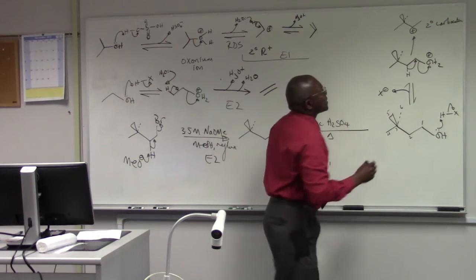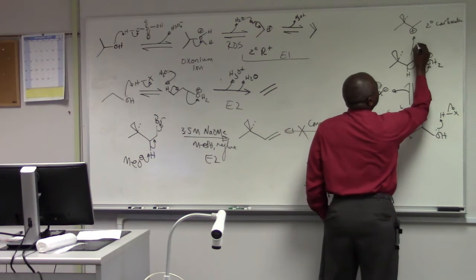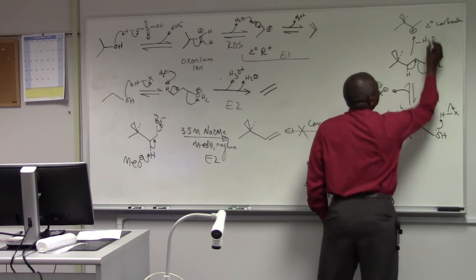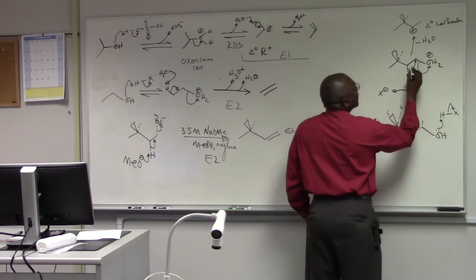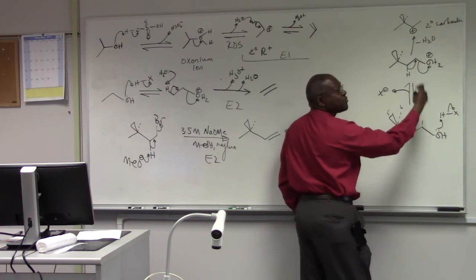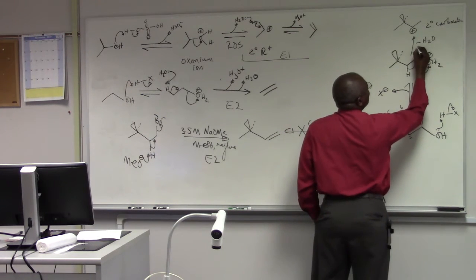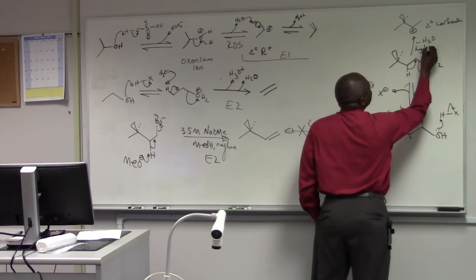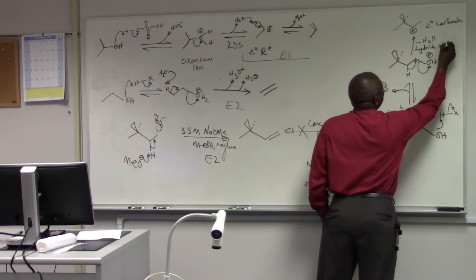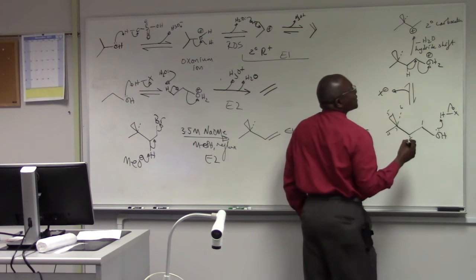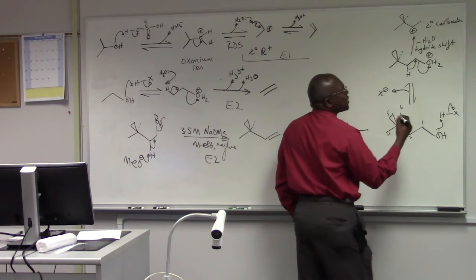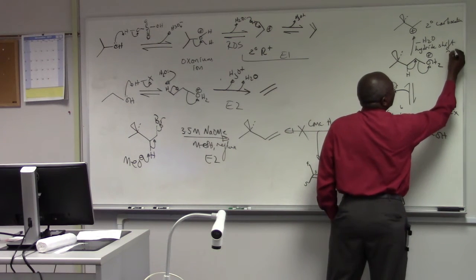So in that process, we're going to lose the water molecule, but I also do what's called a hydride shift. We can represent hydride shifts by a curly line H, right?